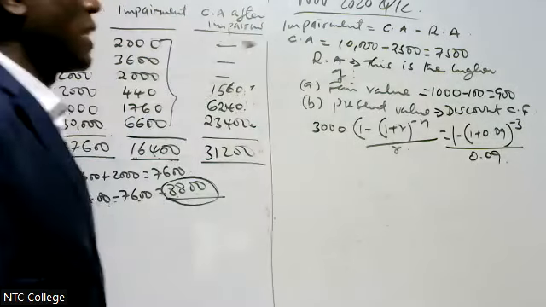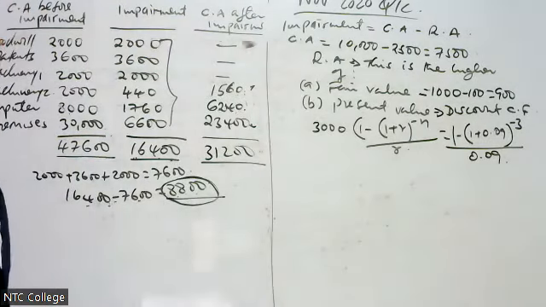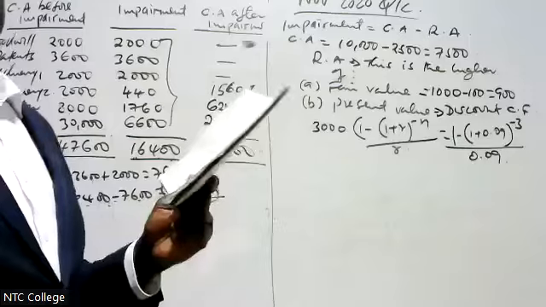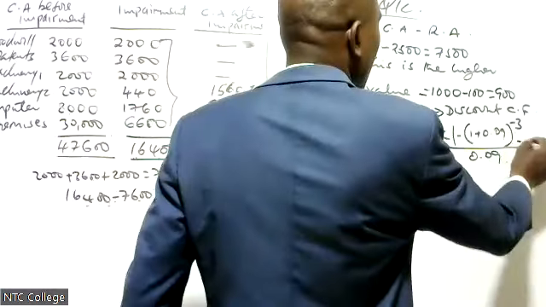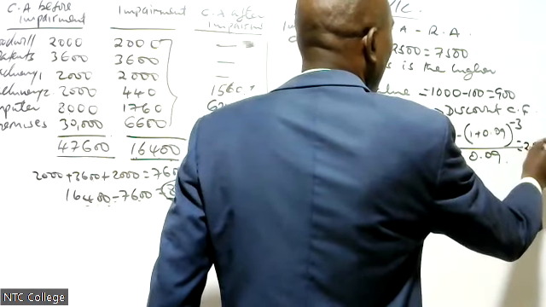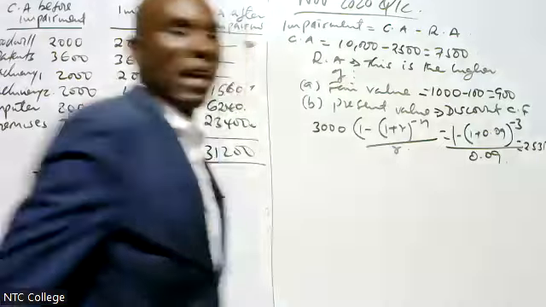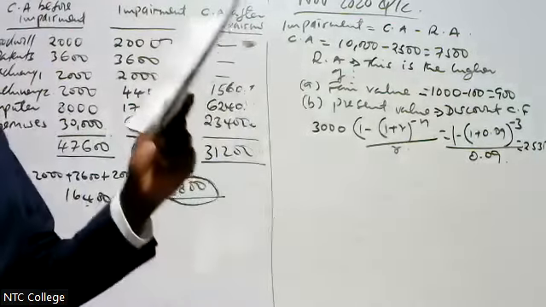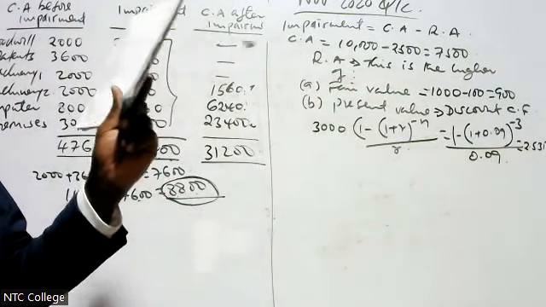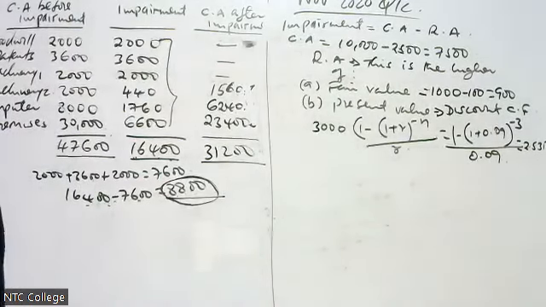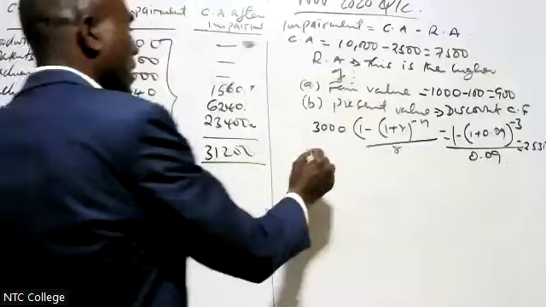That is 9%. But the examiner is very gracious in this question. The examiner already gave us in the note the present value annuity factor for 3 years, which is 2.5313. Therefore, I will just take 3,000.